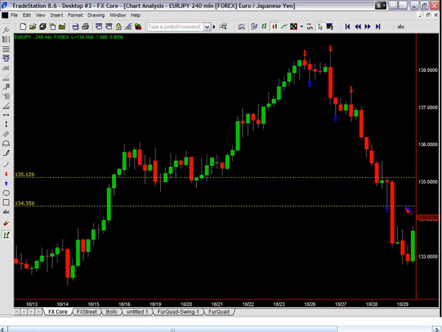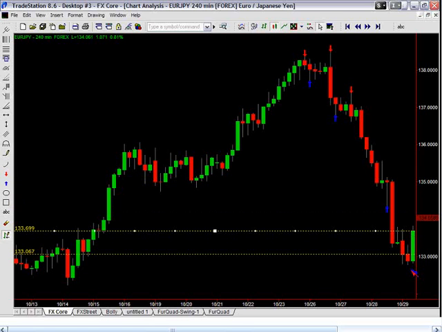So I'm going to take the open of the first bar, the close of the second bar. That's my body of this candle.